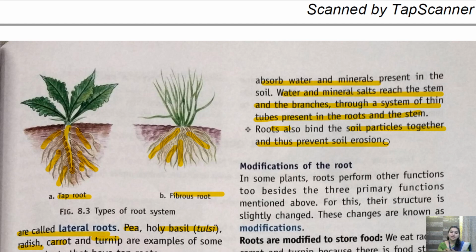Getting it? This is called soil erosion. But if roots are present at that particular place, the root will bind all the soil together and will not allow the water and air to take away the soil.